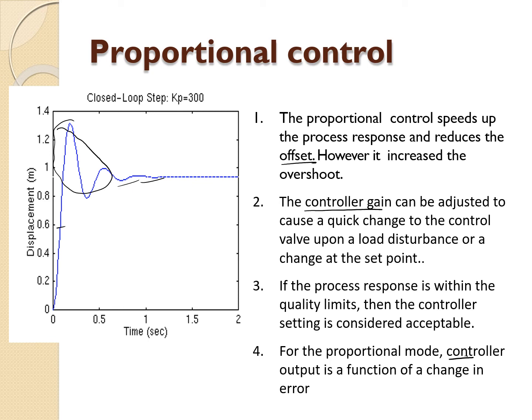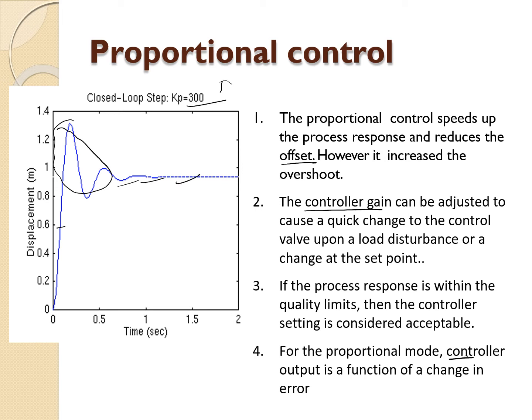Okay, so in this system we can see that the controller gain for the proportional controller is around 300. So you can play around with this value, you can increase it as much as you want, but bear in mind, you need to see the trend, how the response changes.